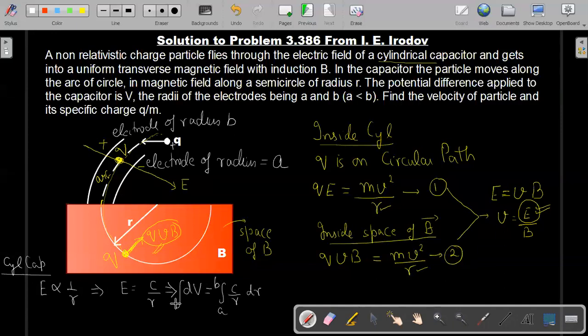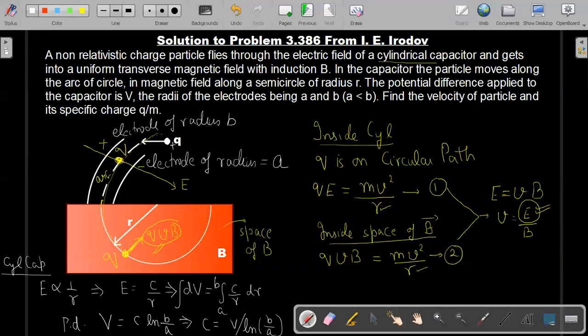So by integrating this term, you can say that the given potential difference V is that constant value into natural log b by a, which gives you the value of the constant as V divided by ln of b by a.